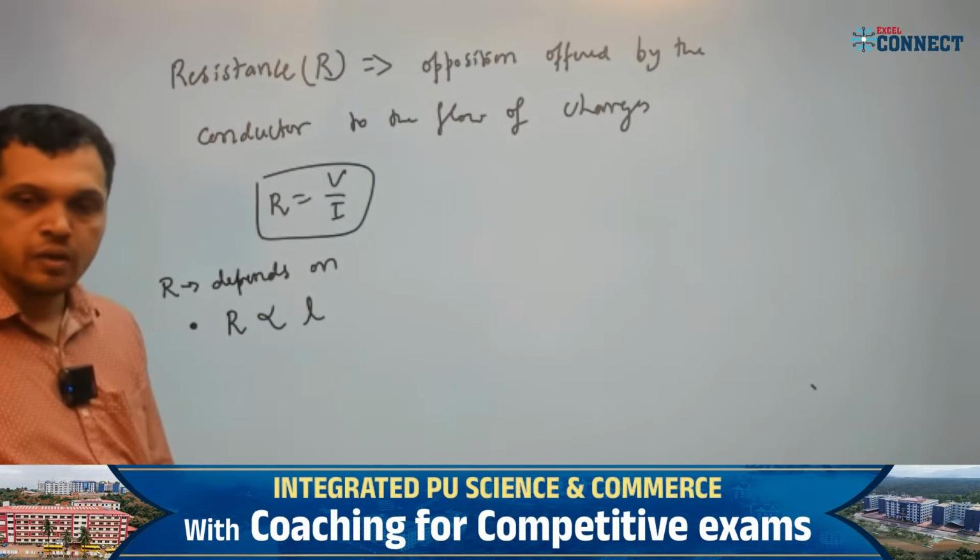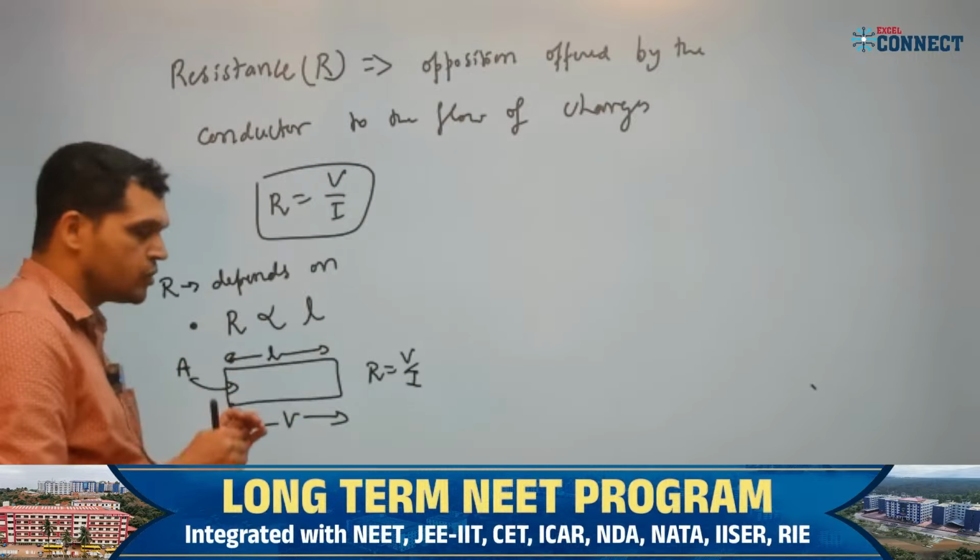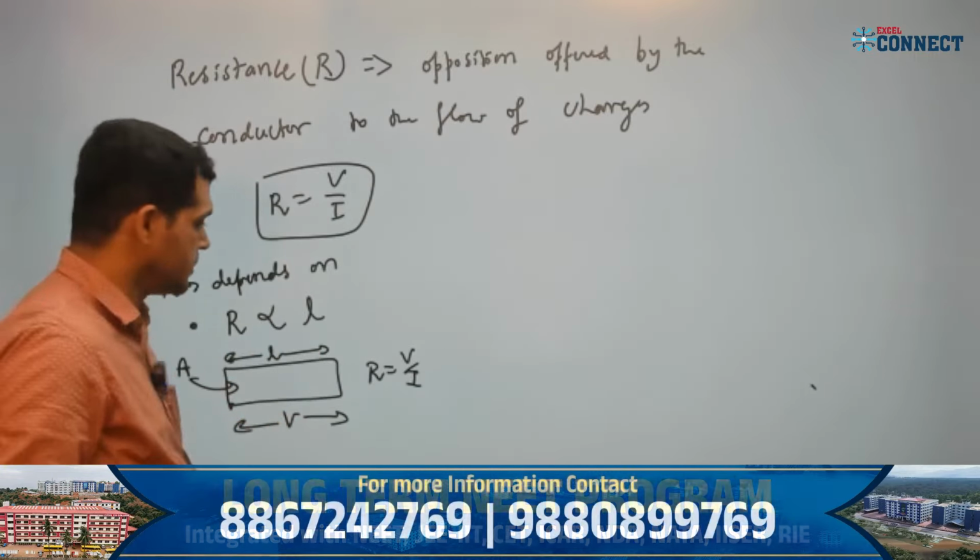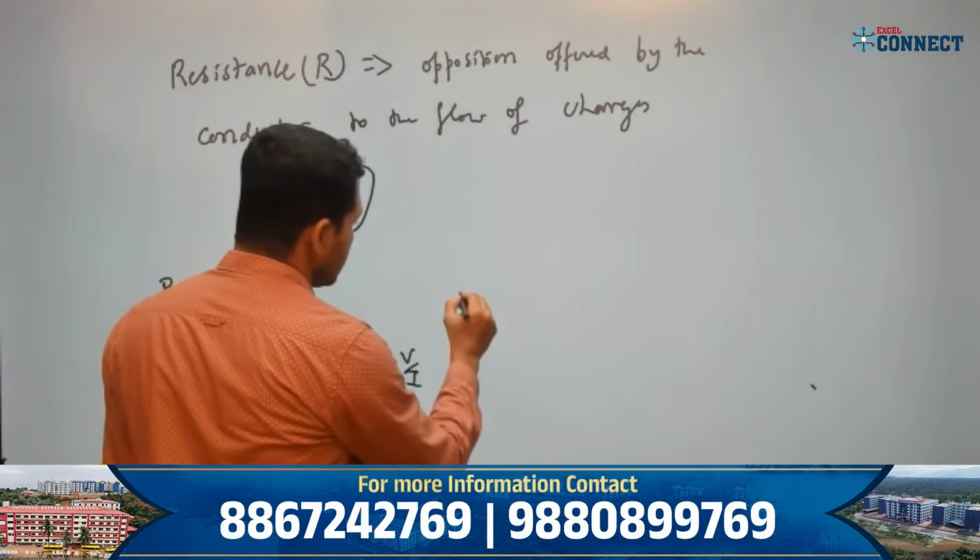Now I will increase the length of this wire. This is the first wire of length L. I will join one more wire of length L to this. Now what happened? Length increases, length becomes twice.